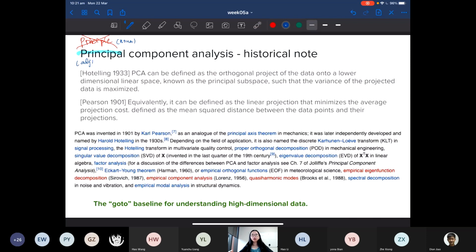Turns out this is a very old approach. It's been independently discovered at least twice, actually more than twice, as we see downstairs. The two well-known versions are from Hotelling in 1933, and it is the maximum variance projection formulation. More than 30 years before that, it was also articulated by Pearson.